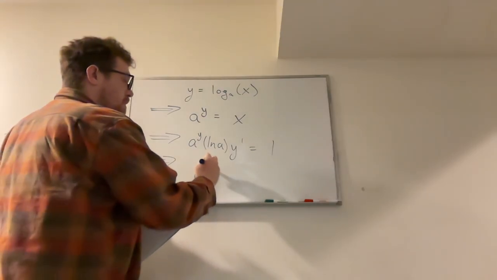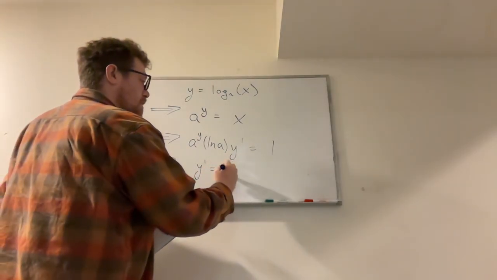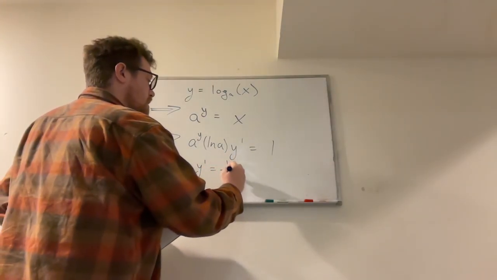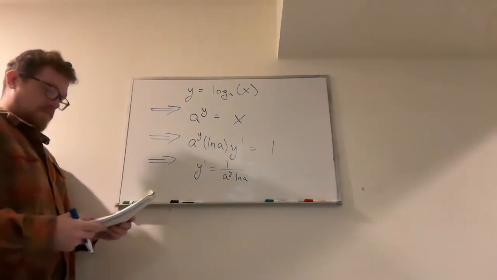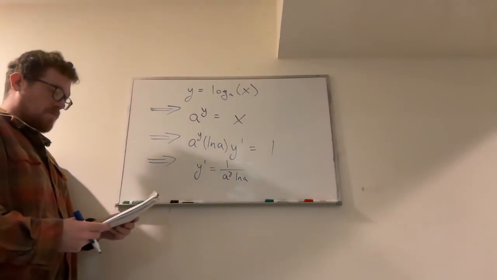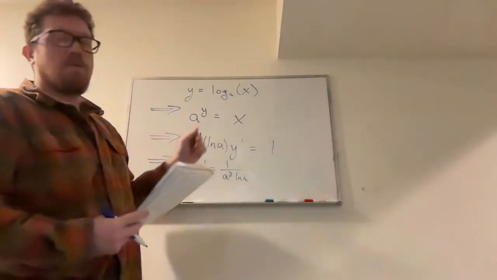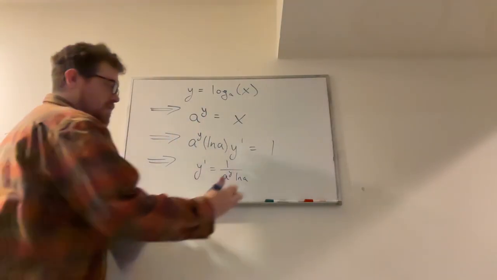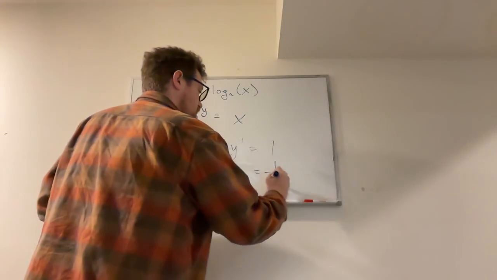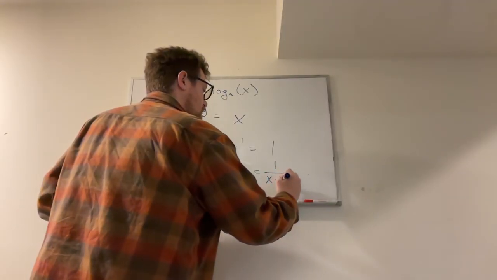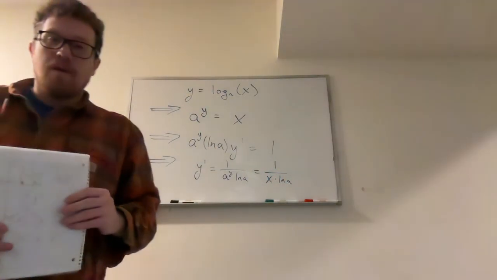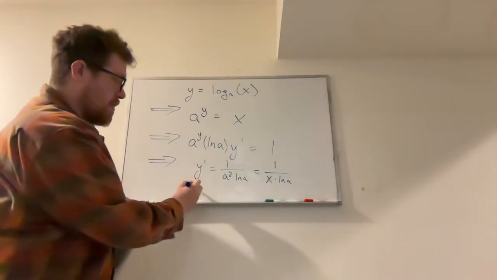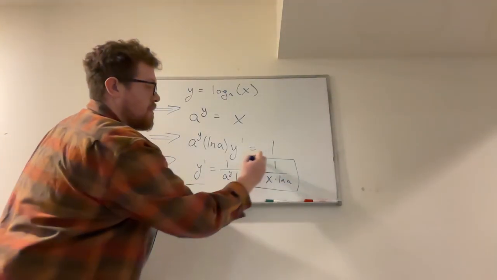So I get y prime is equal to 1 over a to the y log a. And we know that a to the y is just x. So this is really just 1 over x times log a on the bottom. Okay, and that's what we were trying to show, that the derivative was this thing right here.